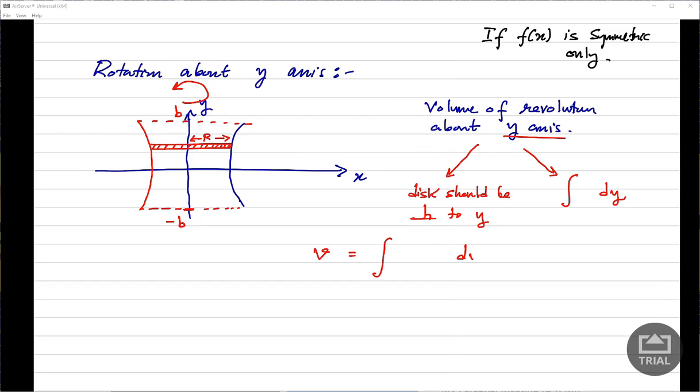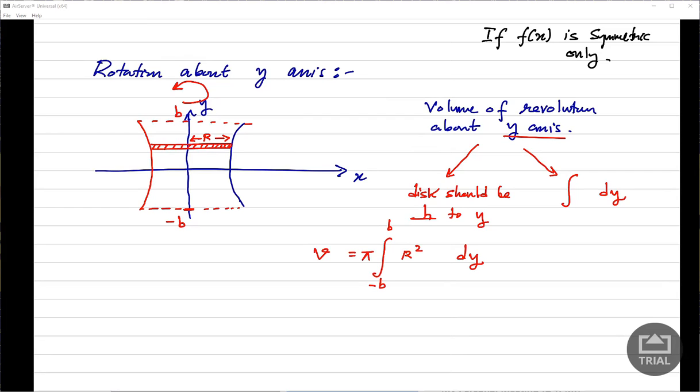You are integrating with respect to y. Now what would be your r? Pi r squared, right? So it's pi r squared. What would be your boundary? The boundary would be minus b to b. Okay. Now what we have to understand is what r is here.